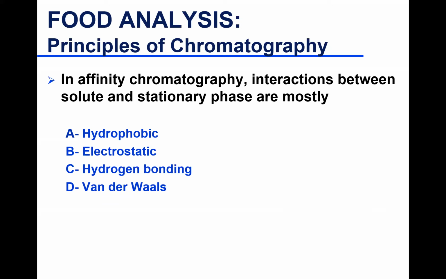It will be C, but only C? C, D, E, B, A, all of them. So you can have all or some of them depending on the molecule and the stationary phase. Any specific interaction can involve any of these interactions, sometimes multiple or all of them.